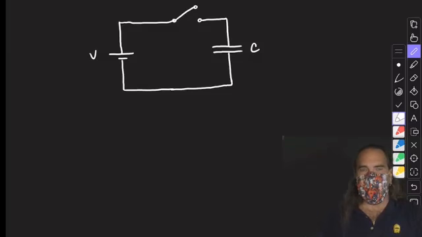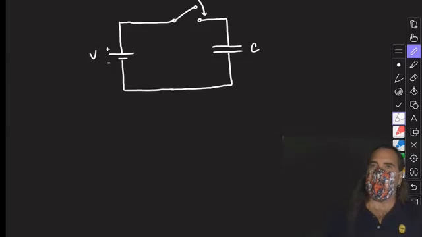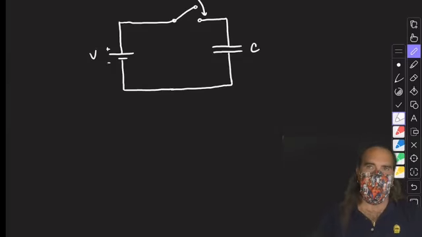Now, we would have said in the past that there is no possible flow of current in the circuit because it's an open circuit. Even when I throw the switch, there's actually no connection between the positive side of the battery and the negative side of the battery because the capacitor doesn't allow current to flow. But the capacitor is a reservoir of charge.